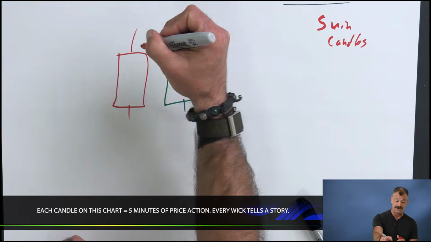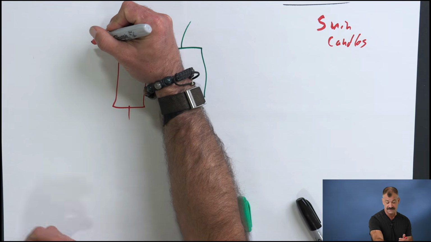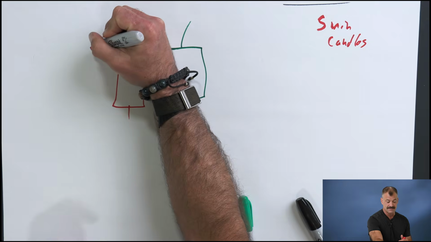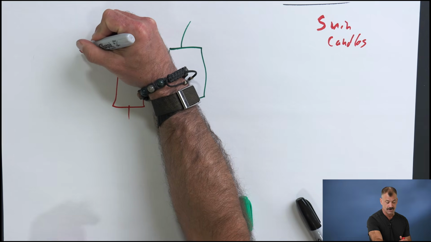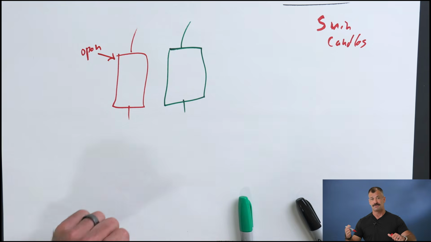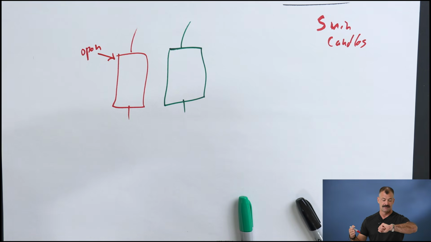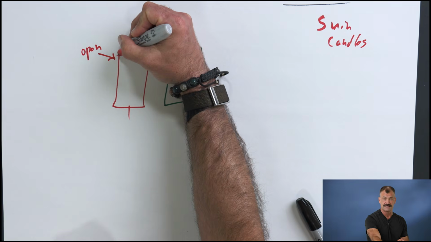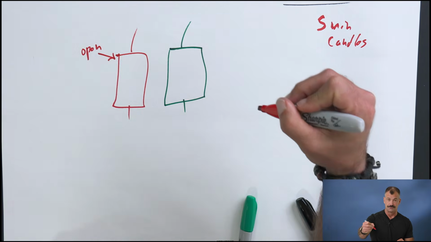What the candle shows, and I'll start with the red candle, is that the top of the body is the price the candle opened at for that 5-minute period. Let's say right now it's 5:07 p.m. So at 5:05 p.m., the opening price of the red candle was right here.